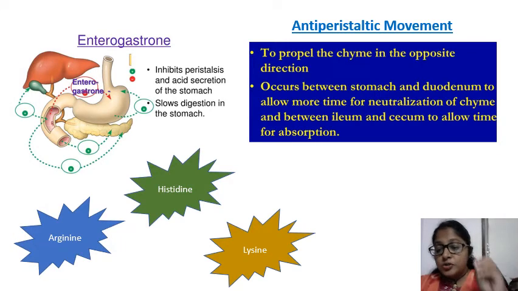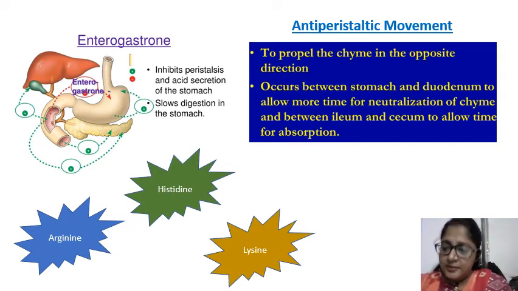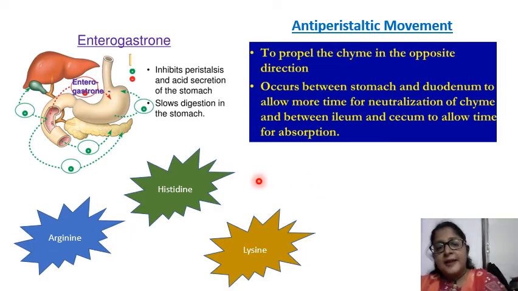Digestion of lipid also requires certain other factors. Before that, let me tell you that succus entericus does not take any part in fat digestion. The maximum digestion of fat takes place in the stomach and the small intestine. Now, coming to the different factors which affect fat digestion, the first is the enterogastrone. This enterogastrone, as I was discussing, slows down the digestion of fat in the stomach.